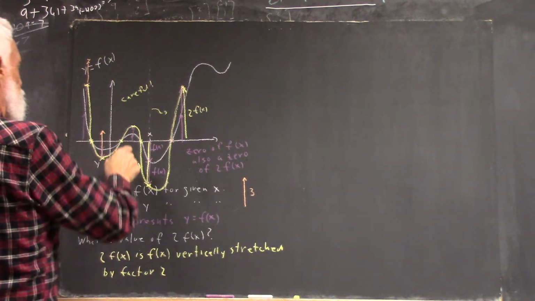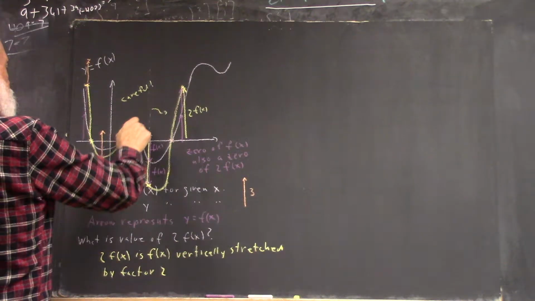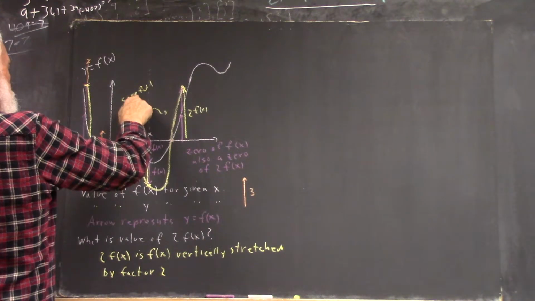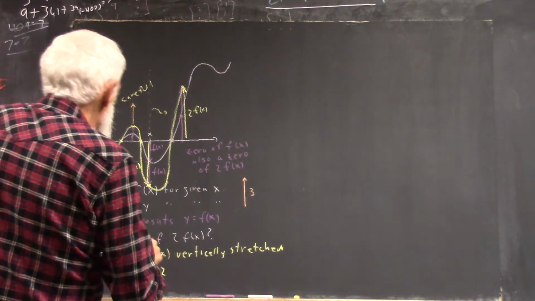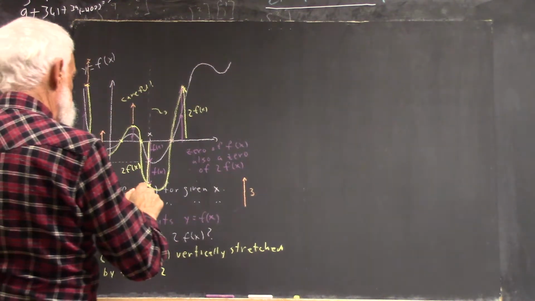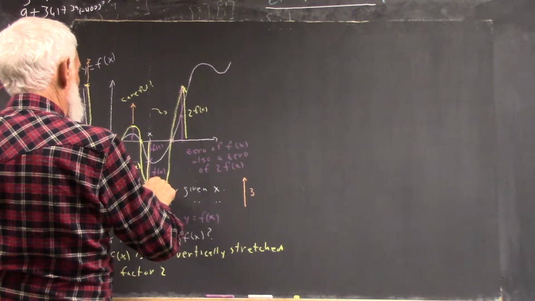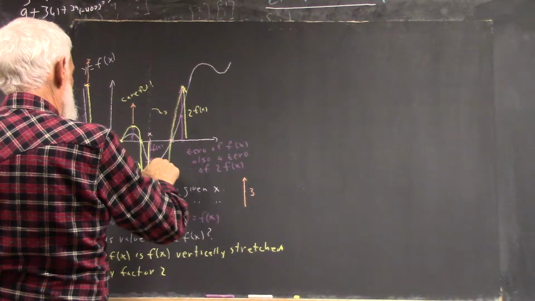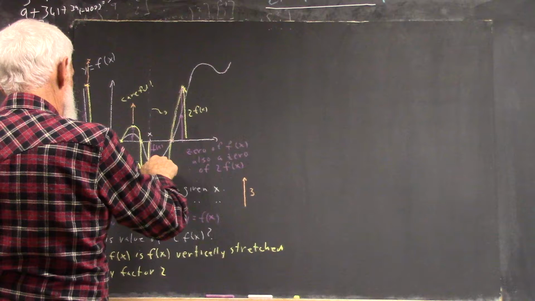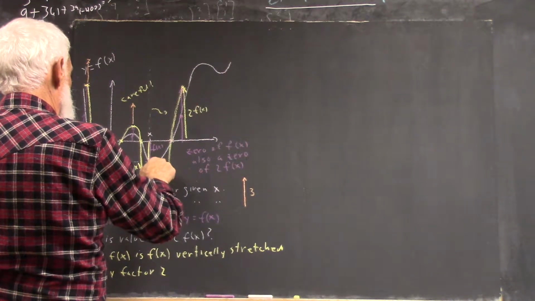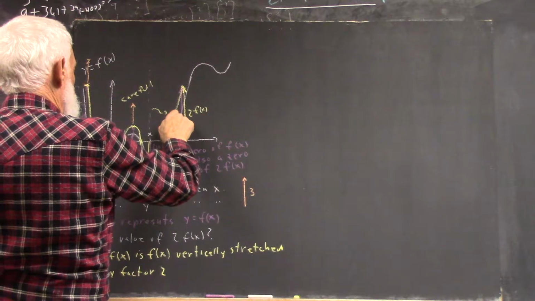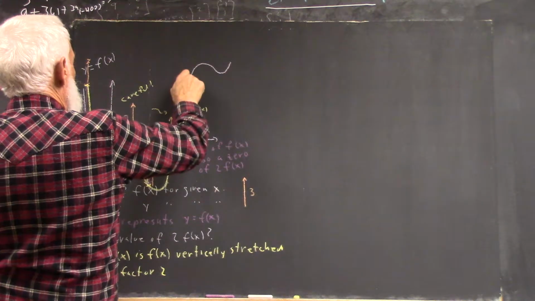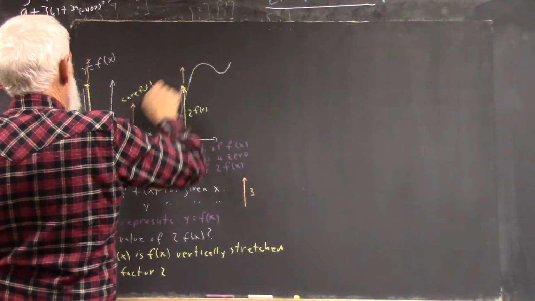And 3 units above this high point takes me up here. And 3 units above what should have been the low point here is going to take me up to about here. 3 units above this 0 is going to be up here. 3 units above this point is going to be up here.